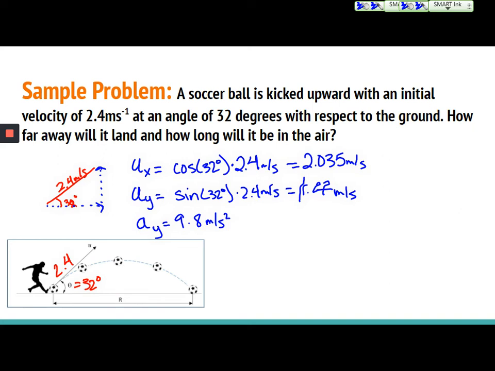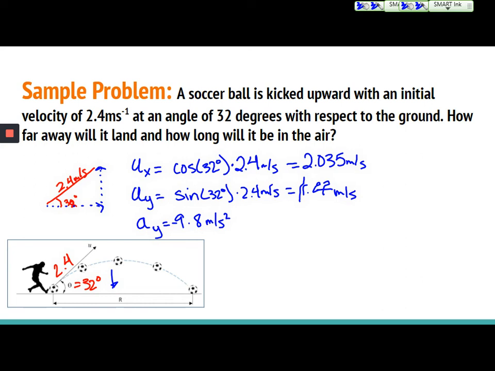Now this time I will keep that negative because my velocity was initially going up. So we're going to have a negative on the acceleration since the acceleration is pulling down. And so we can use that to figure out how long it's in the air, and then we'll use that time to figure out how far away the ball will travel.